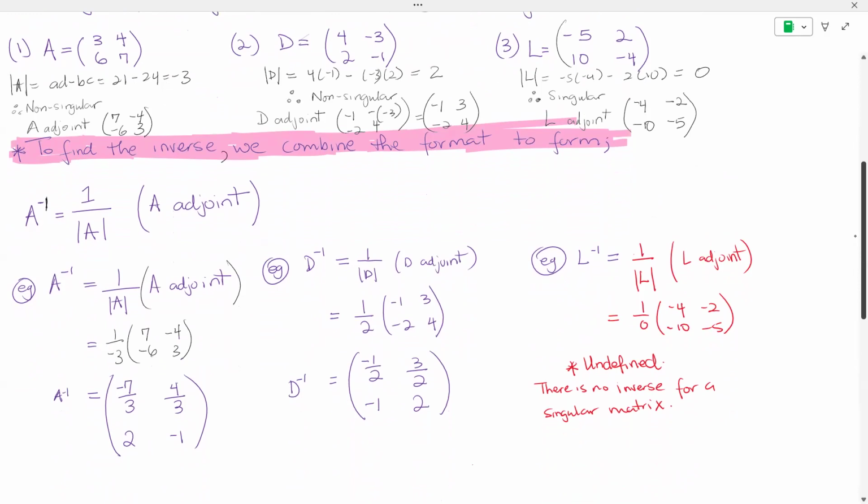So -1/3 by 7 is -7 over 3. -1/3 by -4 is just +4 over 3, because negative by negative is a positive. We don't need to simplify it. We can leave it in proper format. -1/3 by -6, of course, you could put these things into your calculator, is just +6 over 3, which is +2. -1/3 by 3 is just +3 over -3, which is just -1. Any questions here?